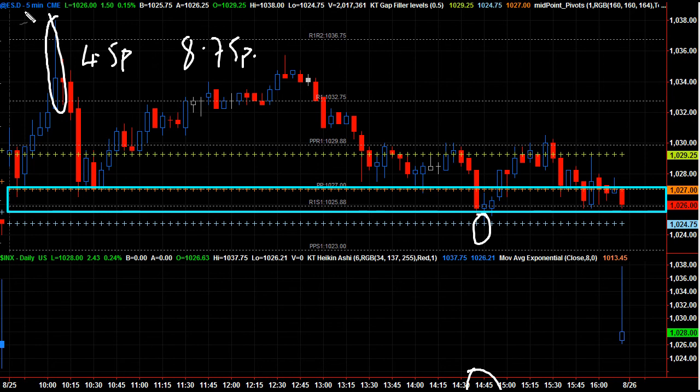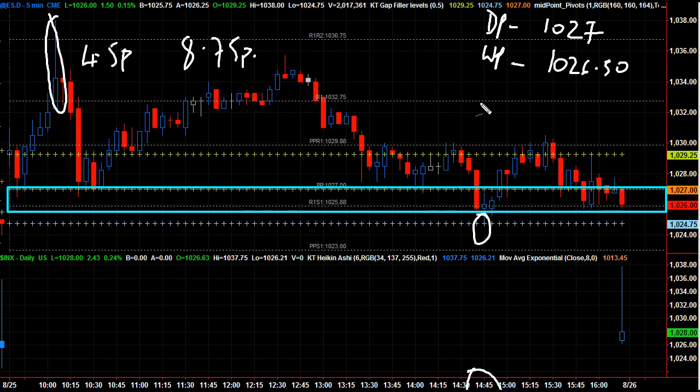confluence. We had the daily pivot, which was 1027. We had the Woody pivot, and the Woody pivot was 1026.50. We had the floor pivot, which is a daily pivot there.